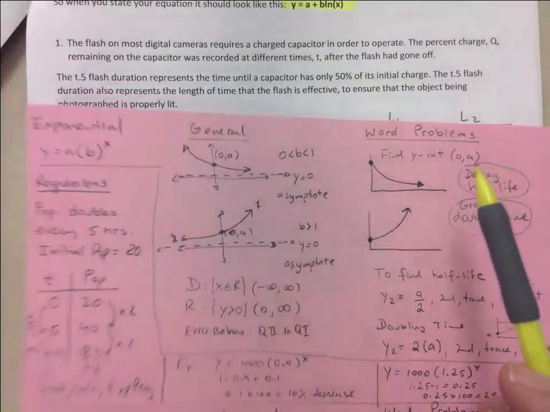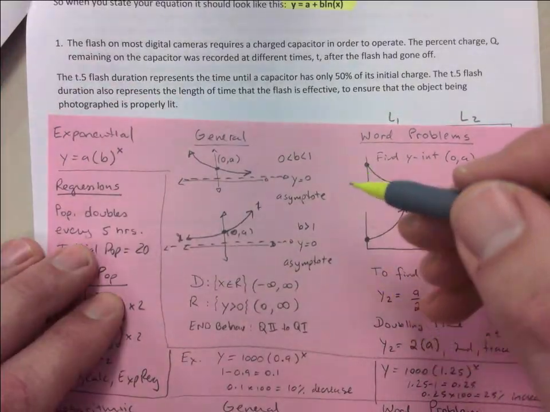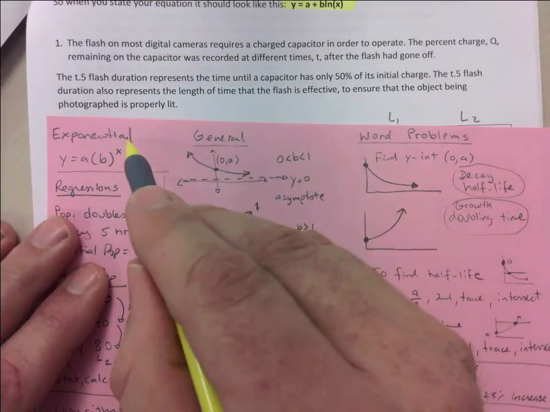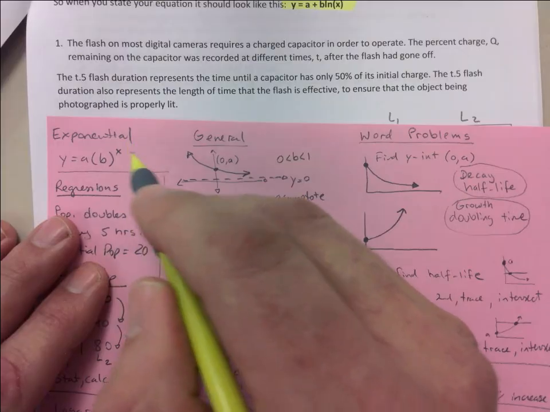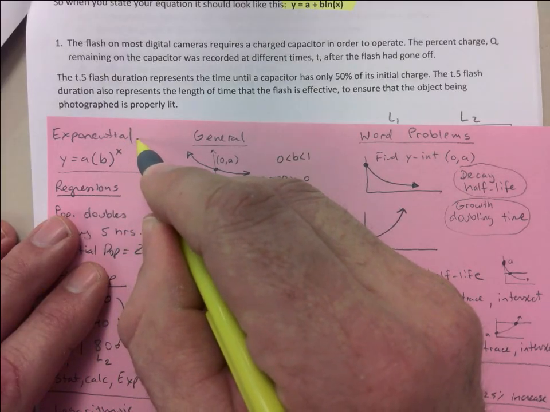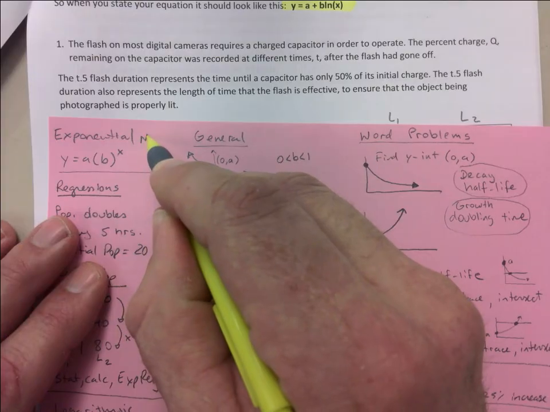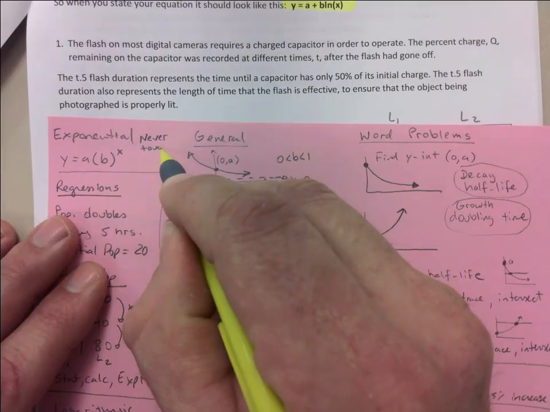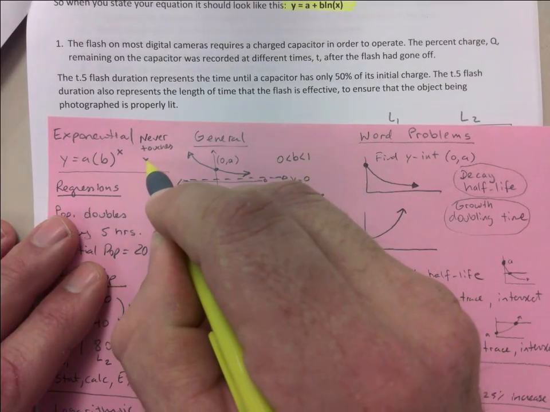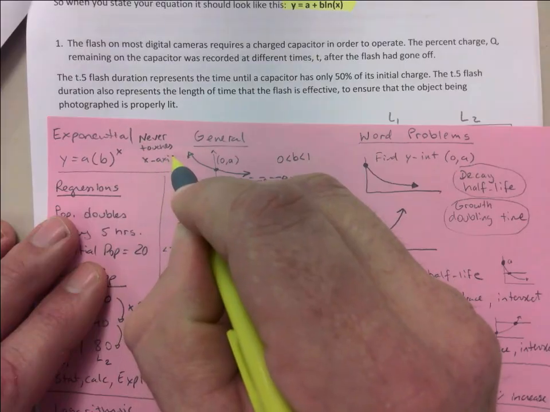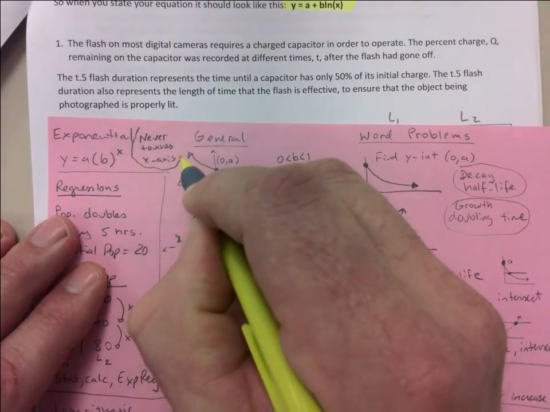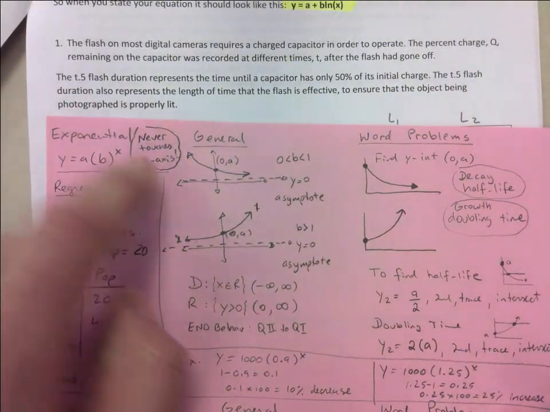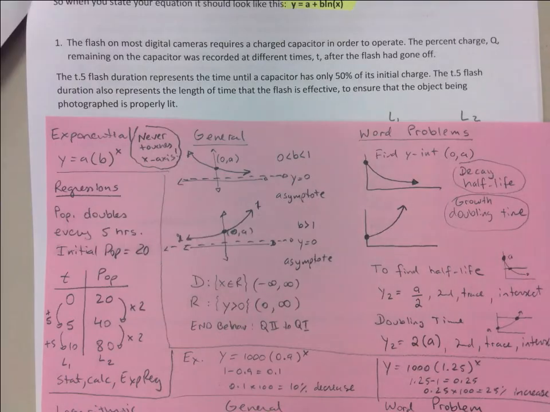So while we're at it, I'll just write next to exponential, somewhere: never touches x-axis. Exclamation mark. The exponential never touches the x-axis.